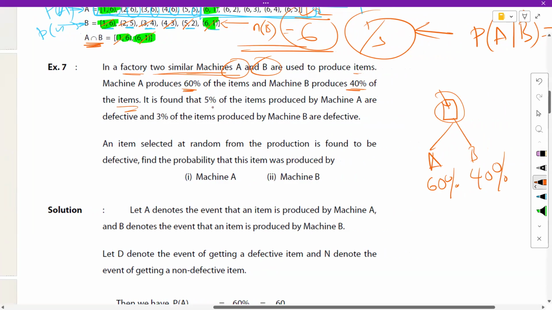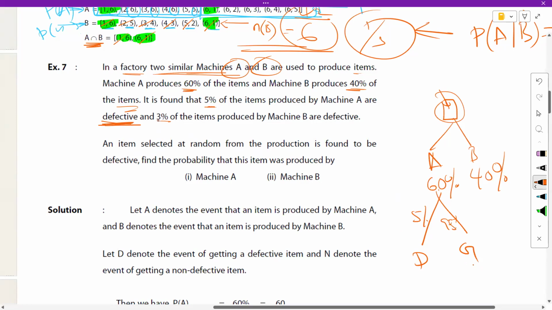It is found that 5% of the items produced by machine A are defective, and the remaining 95% are in good condition.